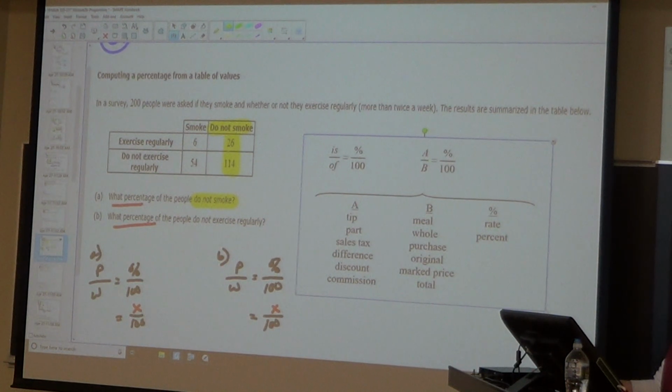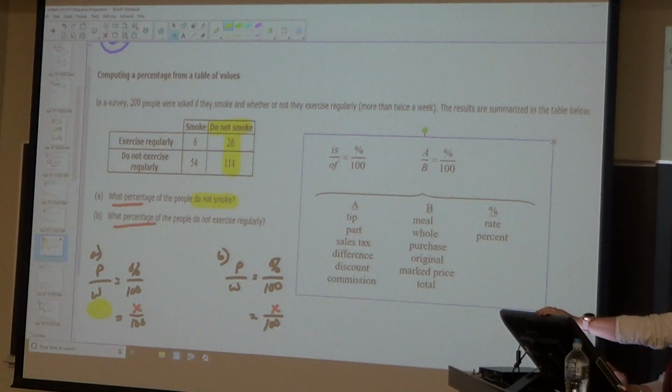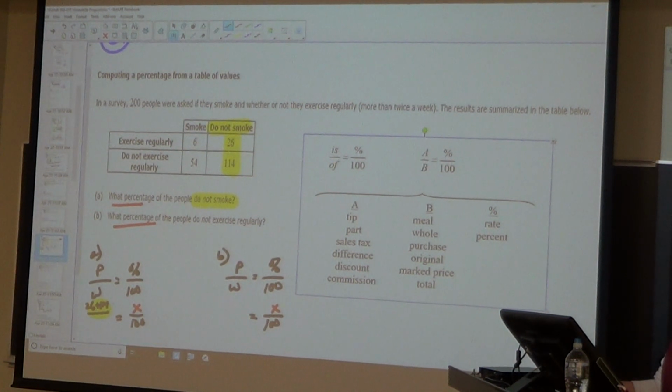Only part of the people don't smoke. You with me? So part of the crowd does not smoke. So the 26 plus the 114 represents the part of the population that doesn't smoke. What is the whole population? Everybody. Which is the 200 that were in the survey.